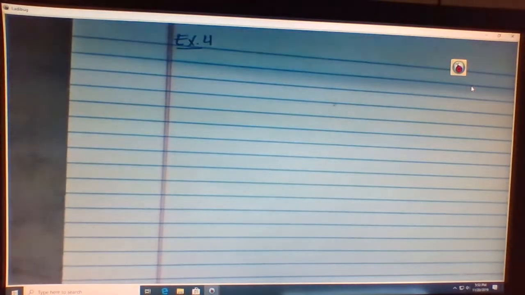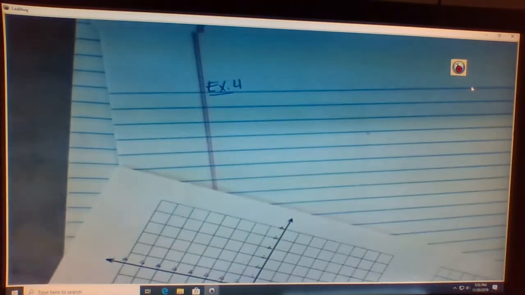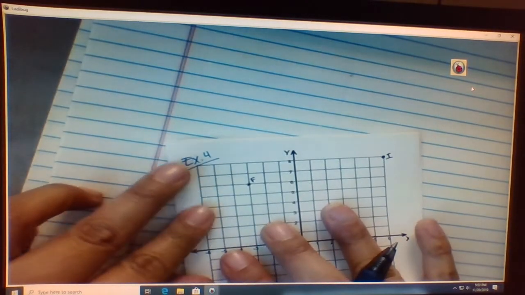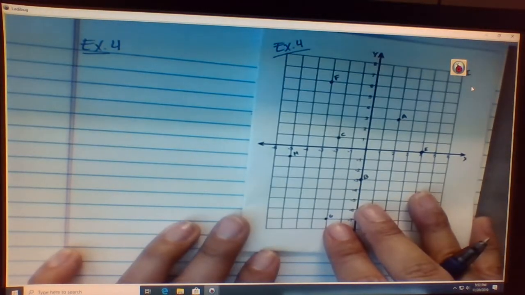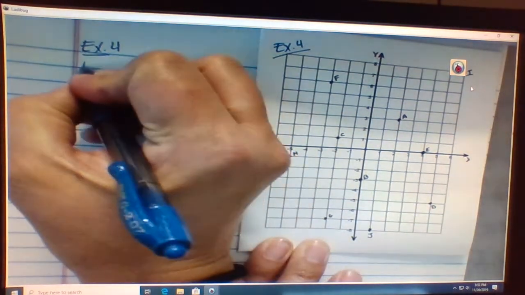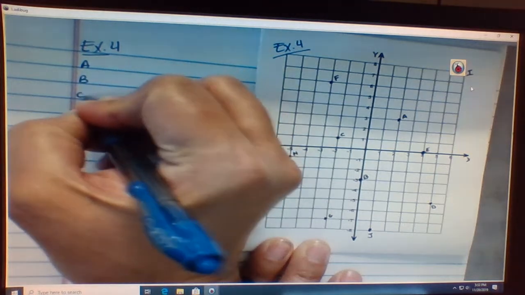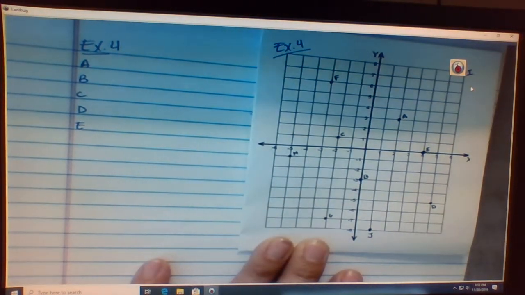I'm going to fold this paper so I can have it there at the same time. So for example number 4, I have points A, B, C, D, E. We'll stop there and then I'll jump over to make another column.